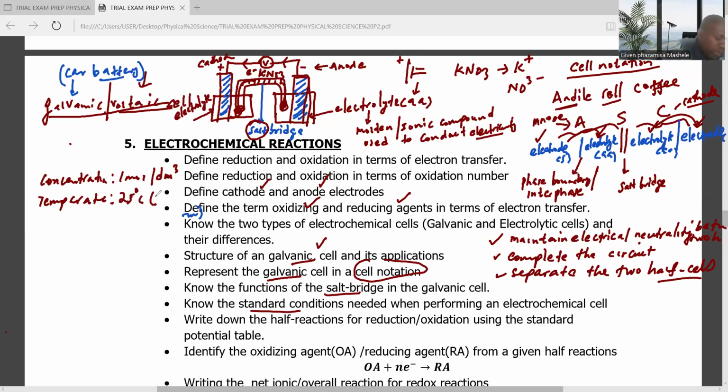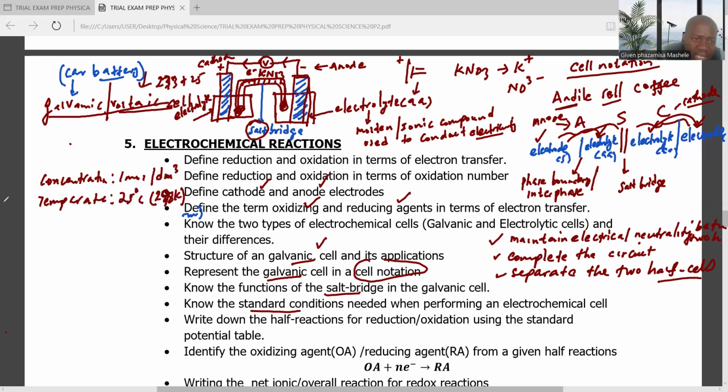In Kelvin, we take the 25 degrees and add 273. I think this will be 298 Kelvin. So we say 25 degrees Celsius or 298 Kelvin.